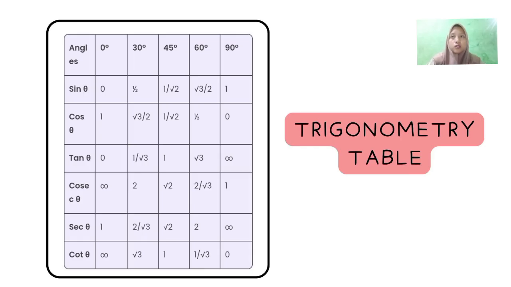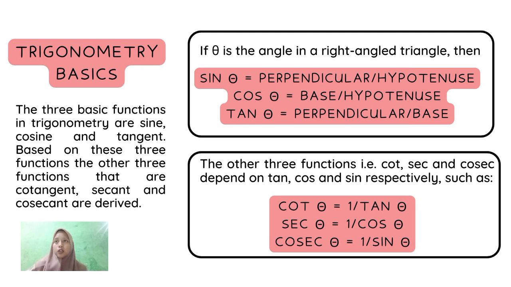Next, we have the trigonometry table. Check the table for common angles, which are used to solve many trigonometric problems involving trigonometric expressions. The next is trigonometry basics. The three functions in trigonometry are sine, cosine, and tangent.